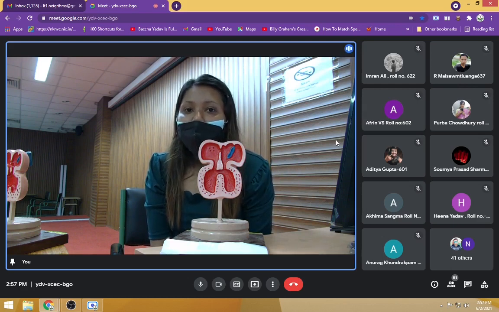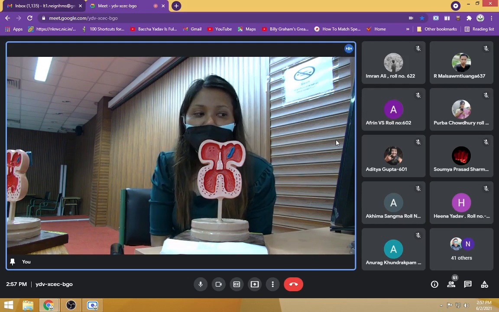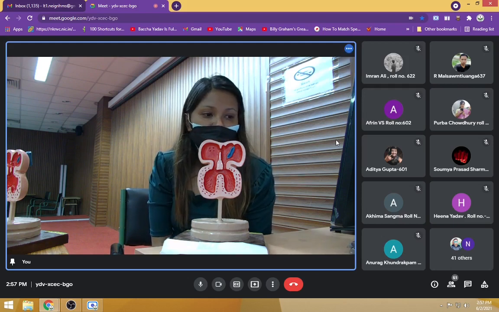And the limbus fossa ovalis, the elevation around the fossa ovalis, is formed by the septum secundum.